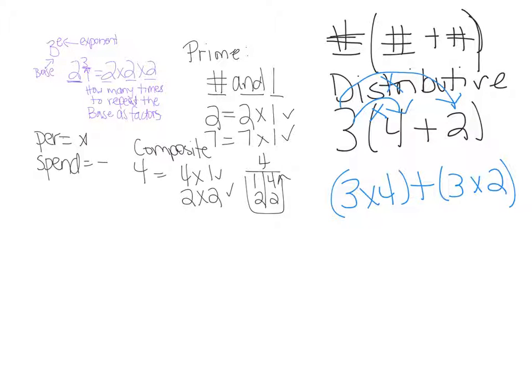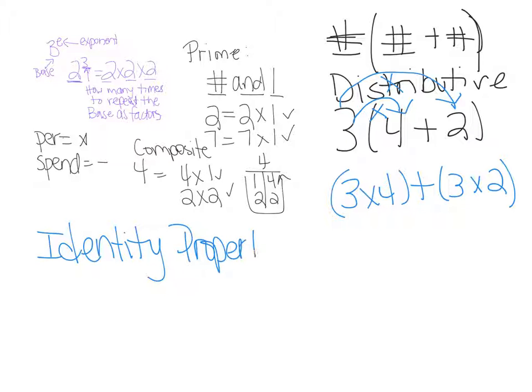Remember, we have the identity property. It's you get out what you put in. So when you take a number and times it by 1, you're going to get the same number.